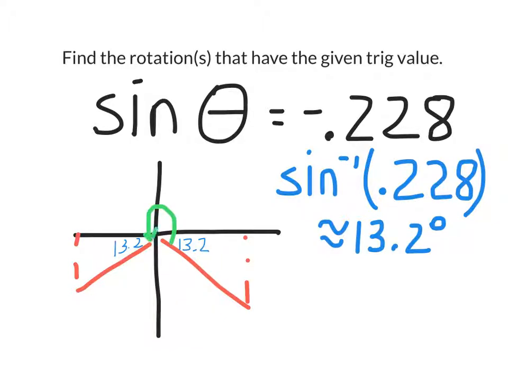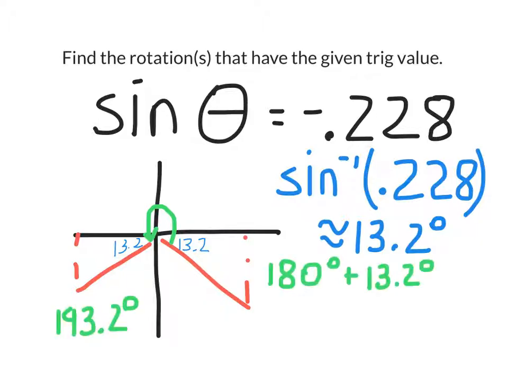Since I'm in the third quadrant, I'm going to add the reference angle to 180 degrees. So 180 plus 13.2 gives me 193.2 degrees for the third quadrant angle.